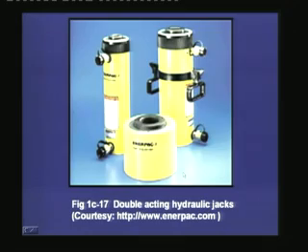This type of double acting jack is necessary because on one side we need to push the anchorage blocks to apply tension, whereas on the other side we need to push back the anchorage block and the wedges before we can cut off the prestressing tendons. The double acting jacks are almost essential for this post tensioning operation.